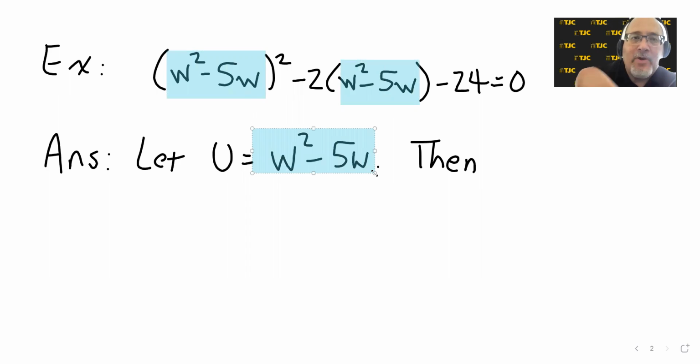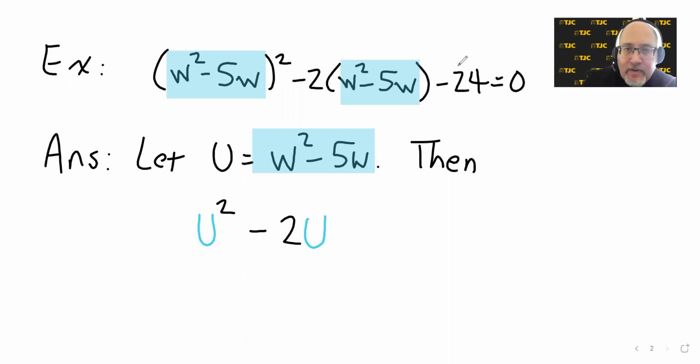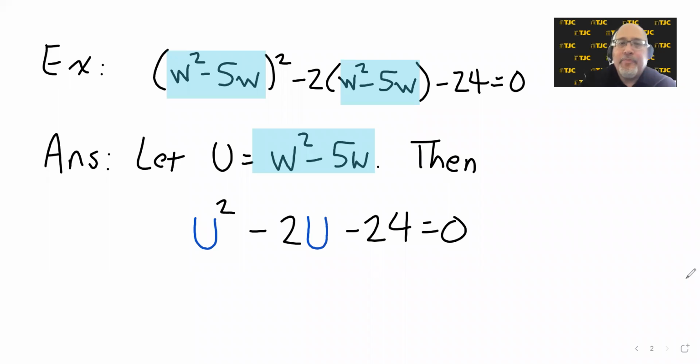So everywhere in the top equation where there is a blue rectangle, I'm going to draw u. So we'll get u² − 2u − 24 = 0. I don't like this color of blue. Give me 1 second to change it to a darker blue color. There we go. All right, now we have our quadratic equation.